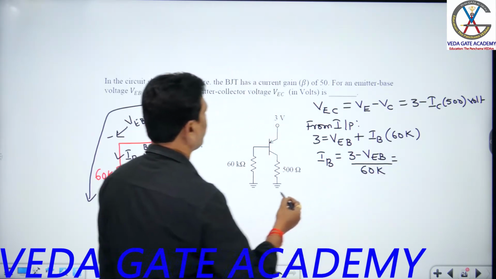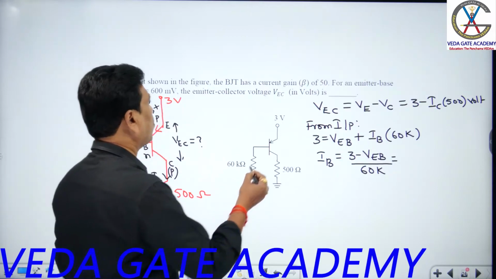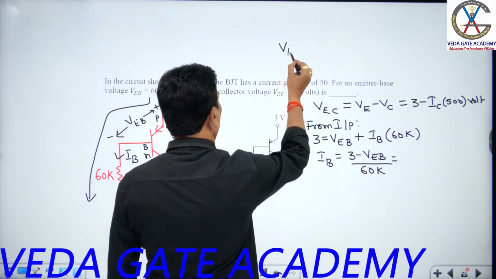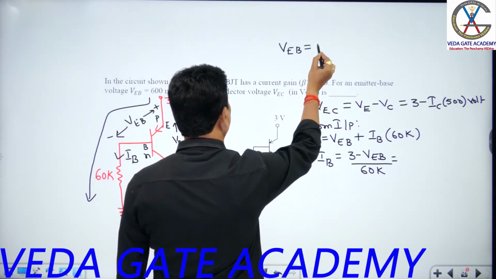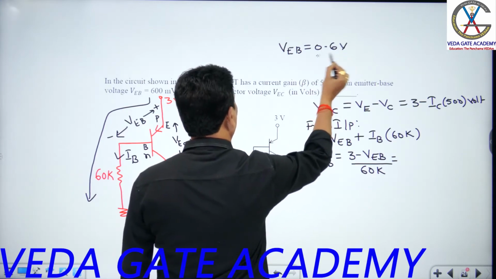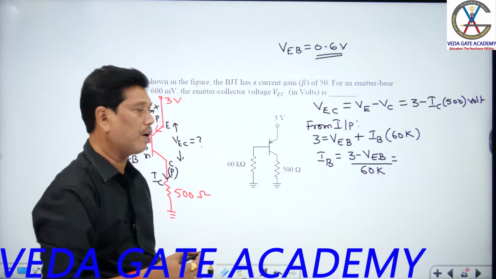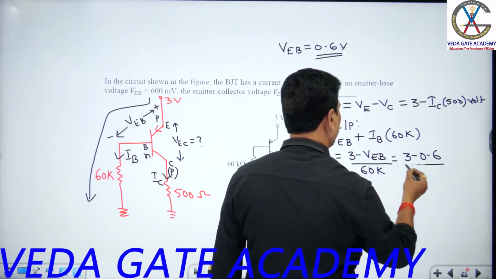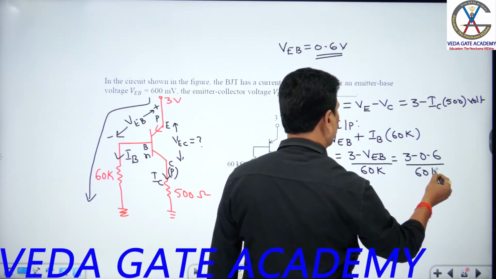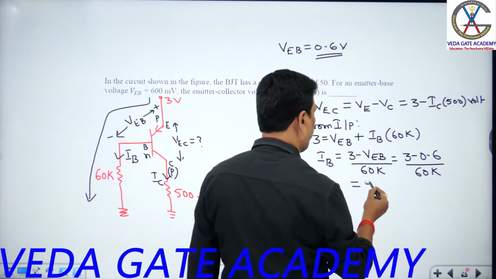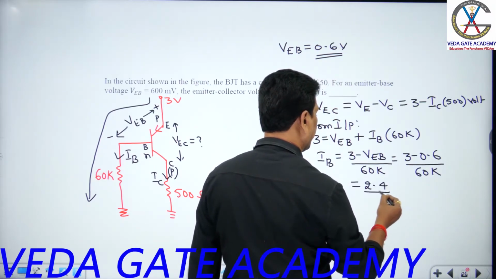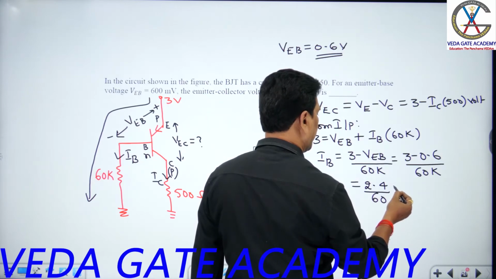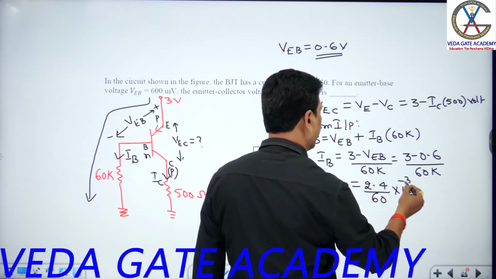VEB is given as how much? That is 600 millivolt given, students. Now I write that: VEB equals 600 millivolt, that is 0.6 volt. So IB equals 3 minus 0.6 by 60K, that is 2.4 by 60 into 10 power minus 3 ampere.